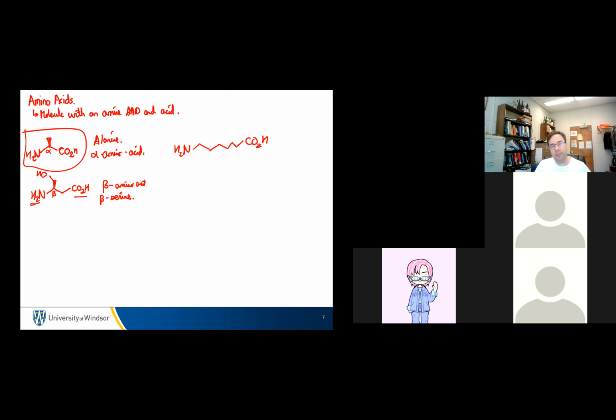That's an amino acid. I have one too many carbons: 1, 2, 3, 4, 5, 6. This is a building block for nylon. It's an amino acid, it's just not a biological amino acid. So just be careful about the terminology. I'm going to use the term canonical amino acids.